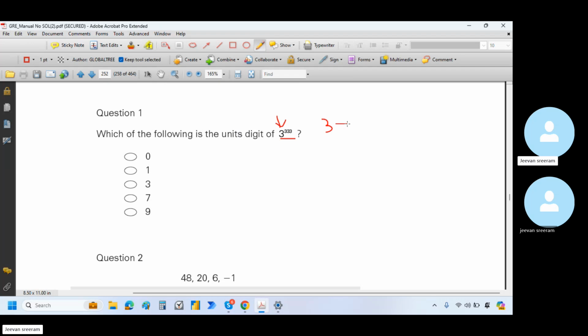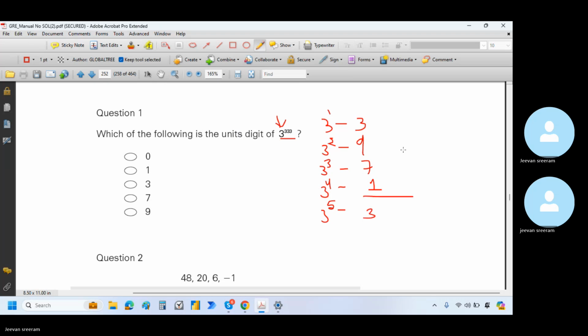For example, 3 power 1 is 3. 3 square, the last digit is 9. 3 cube, the last digit is 7. 3 power 4, 7 threes are 21, so 1. 3 power 5, 3 again.